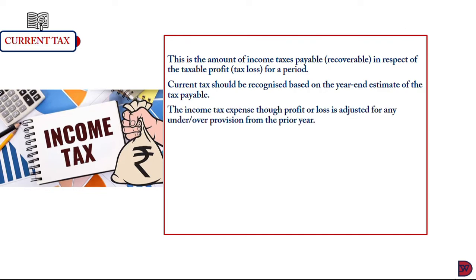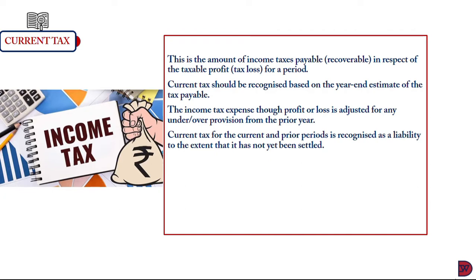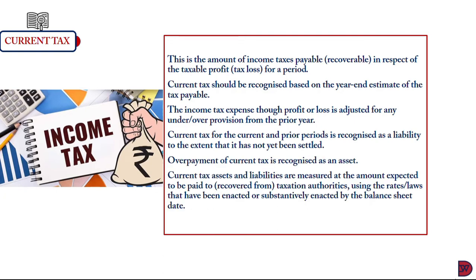So the income tax expense through profit or loss is adjusted for any under or over provisions from the prior year. So the current tax for the current and prior period is recognized as a liability to the extent that it has not yet been settled. So current tax assets and liabilities are measured at the amount expected to be paid or recovered to or from the tax authorities using the rates or laws that have been enacted or substantively enacted by the balance sheet date.